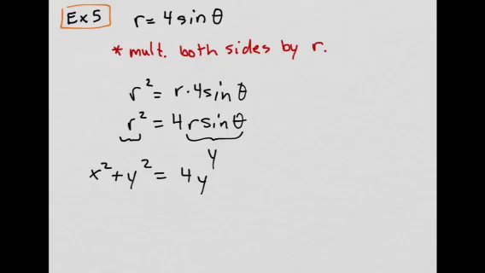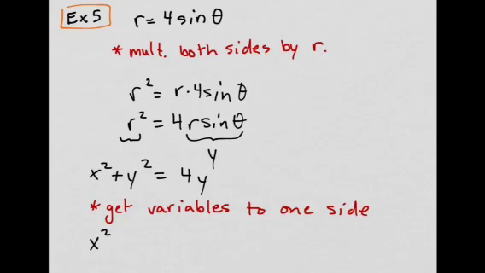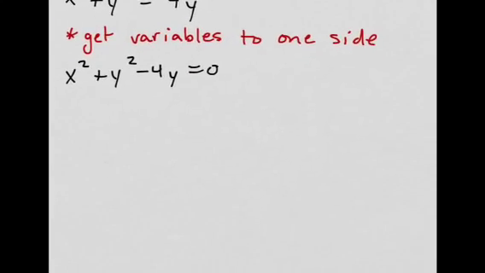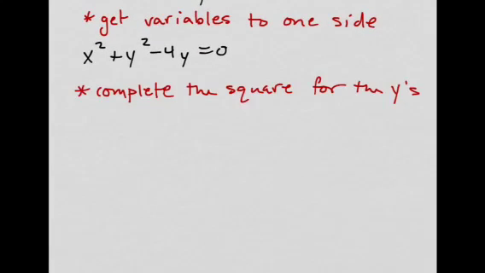And then we're just completing the square. This is going to be an equation for a circle. I'll just get all the variables to one side. So then I'll have x squared plus y squared minus 4y, and that's going to be equal to 0. Then I'm going to complete the square for the y's.